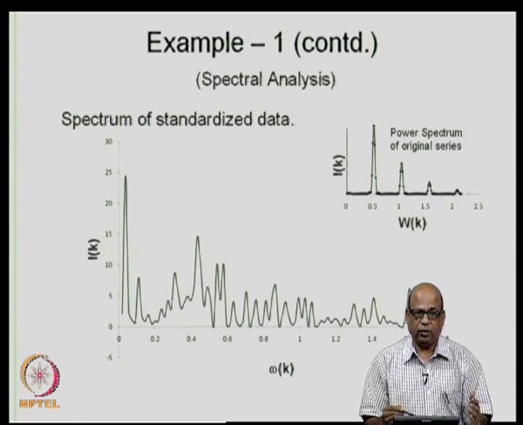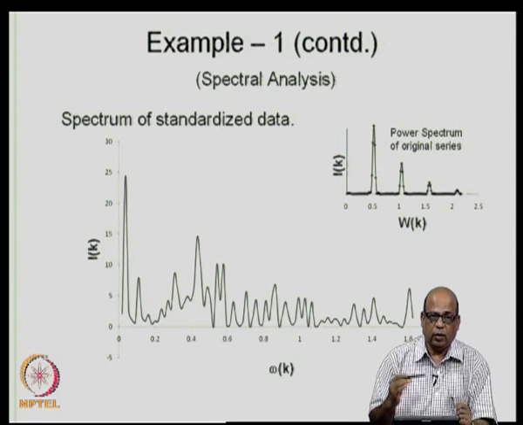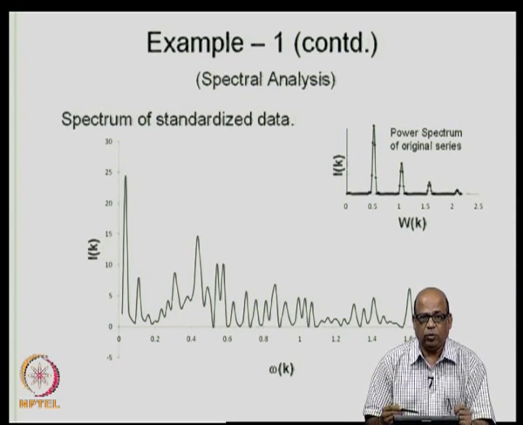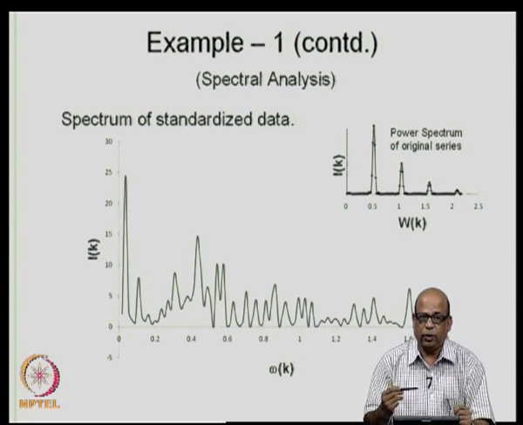So, standardization removes the periodicities present in the data, but this may not always be true. After standardizing the data, you need to examine whether the periodicities have in fact been removed by the transformation. For example, you may have daily rainfall data.